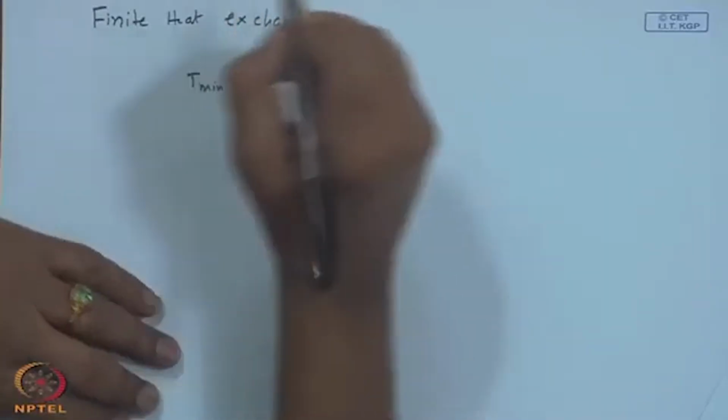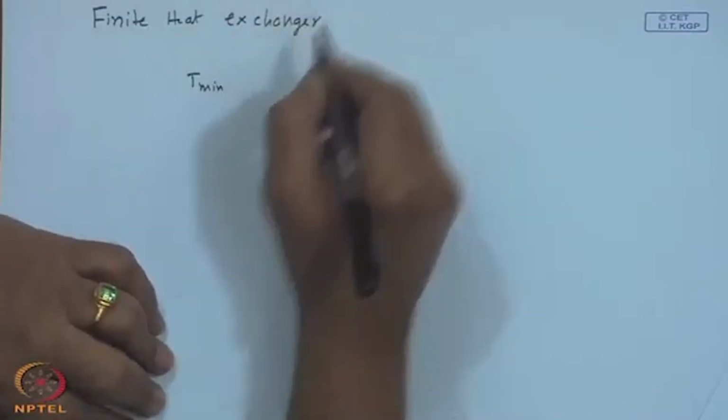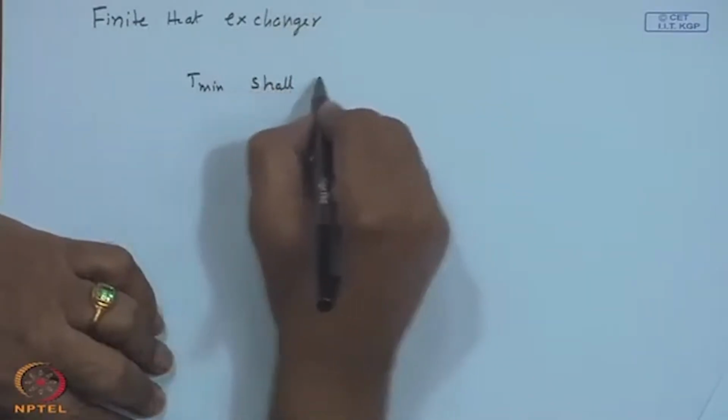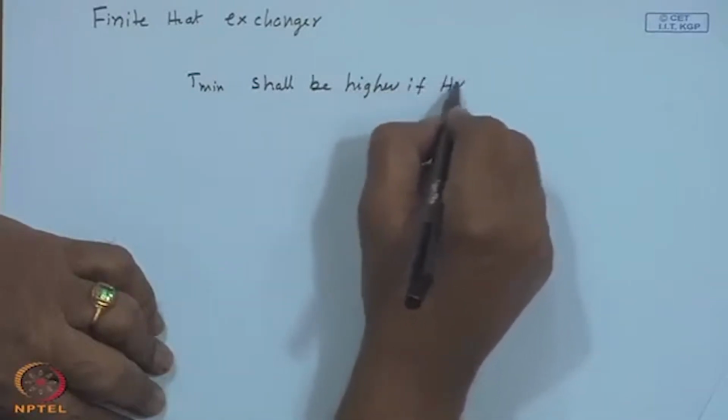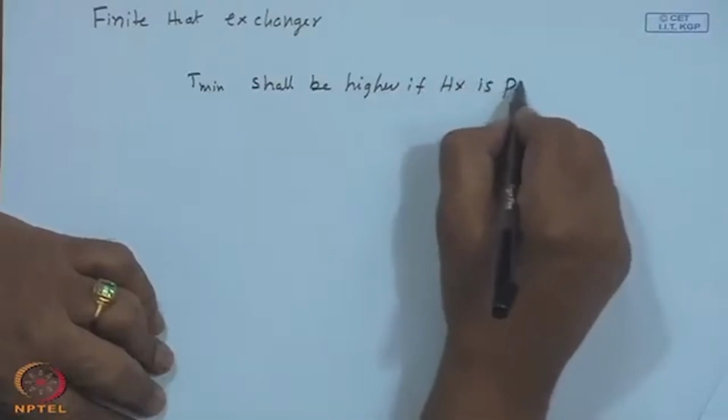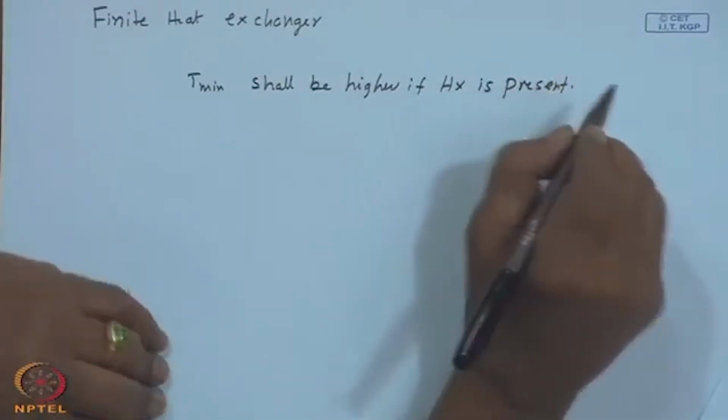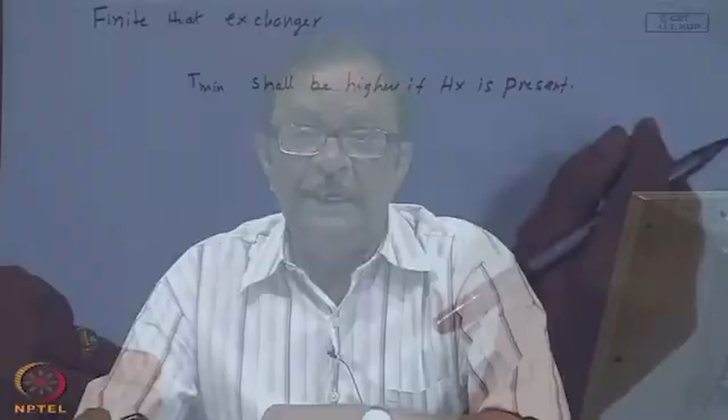So, if you think about the backflow, the T minimum, the temperature at which the energy is to be delivered by the collector, shall become higher if a heat exchanger is present, right. That will need some delta T, that delta T reflects in the tank temperature, that tank temperature reflects in the T minimum or the outlet temperature from the collector, which needs to be delivered in order that it finally supplies energy at the originally desired T minimum.